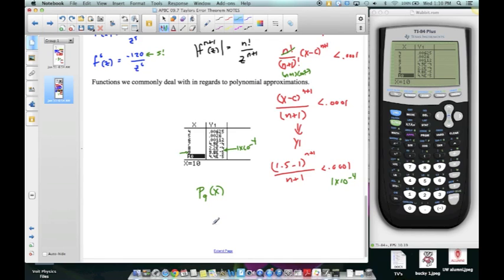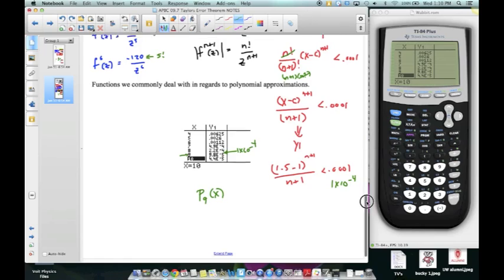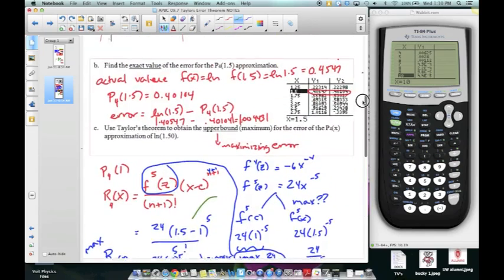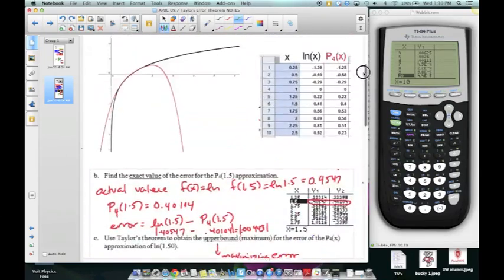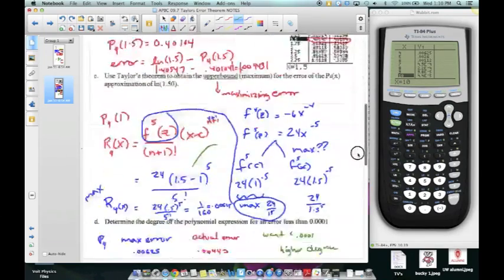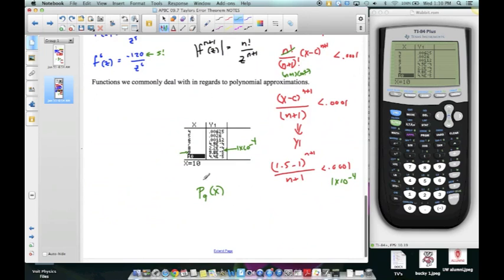So that being the case, then we need to take this polynomial approximation out. Where is that polynomial approximation? I guess I don't have it on this page. But we need to take this polynomial approximation out to a 9th degree polynomial to get an approximation that is less than 1/10,000th.